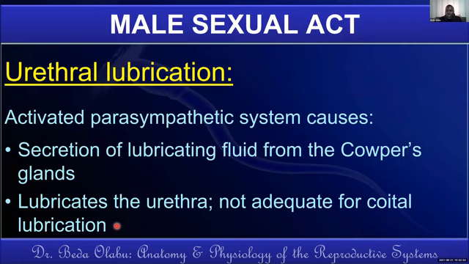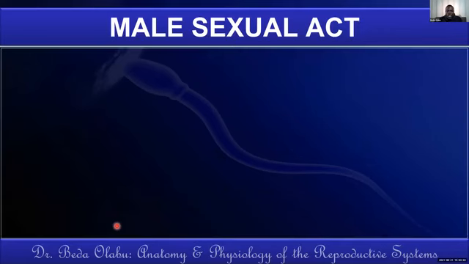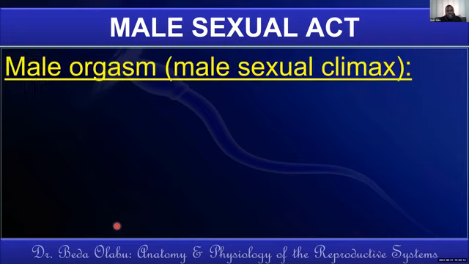But yes, you've noted that during sexual response, the male will also lubricate the urethra. If the stimulus is still going on, which means maybe it's in the context of sex or masturbation or whatever else is happening, then this can graduate to male orgasm.